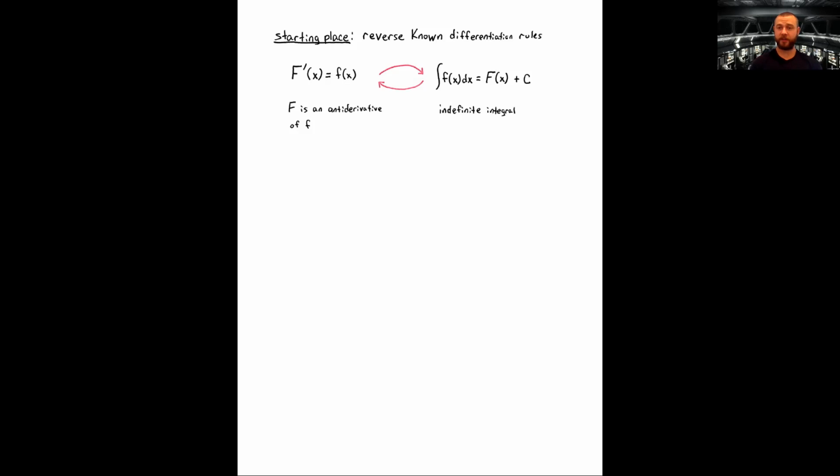Both these statements have the same idea involved, that capital F is an antiderivative of little f. We can express that relationship using derivatives, or we can express that relationship using antiderivatives or indefinite integrals. That's part of what we mean by reversing. We can reverse a statement expressed with derivatives and express it using antiderivatives, indefinite integrals.